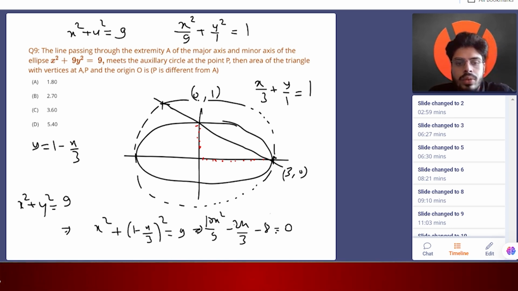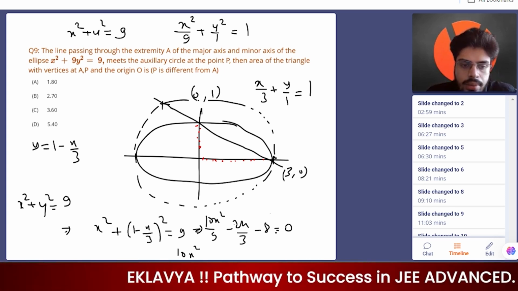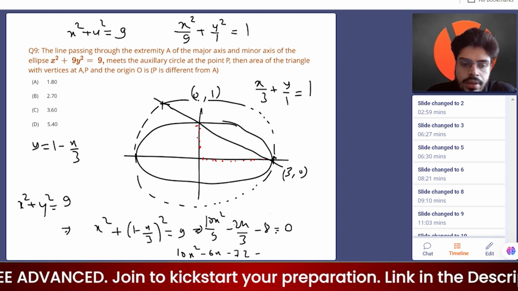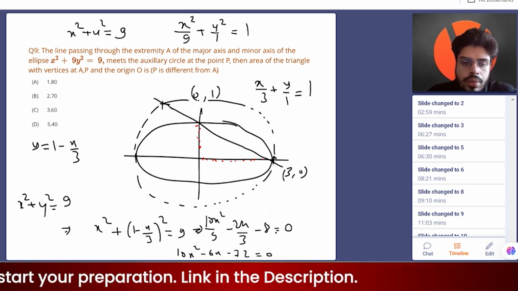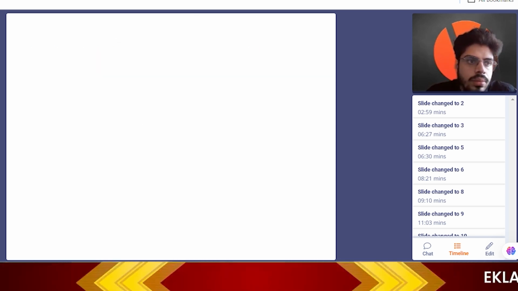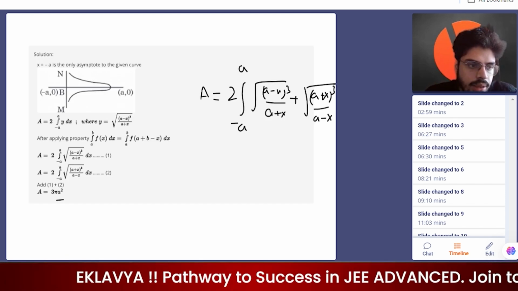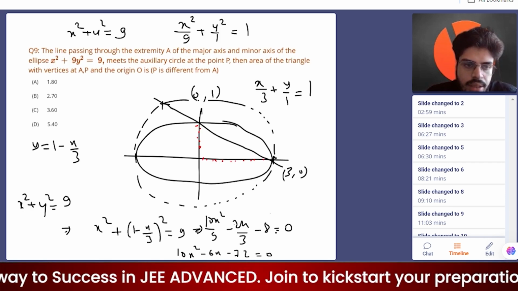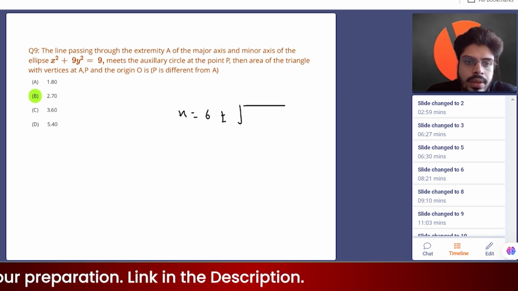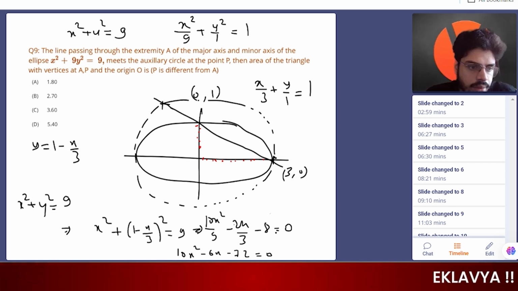So here what will I get as the x value? So 10x square minus 6x minus 72 equal to 0. So the x value you will get from minus b plus minus the root of b square minus 4ac.